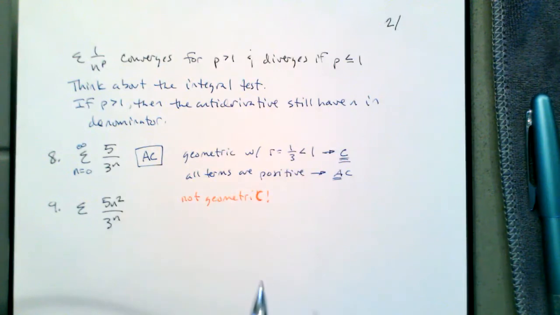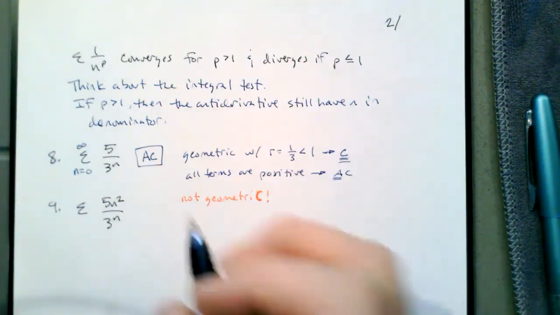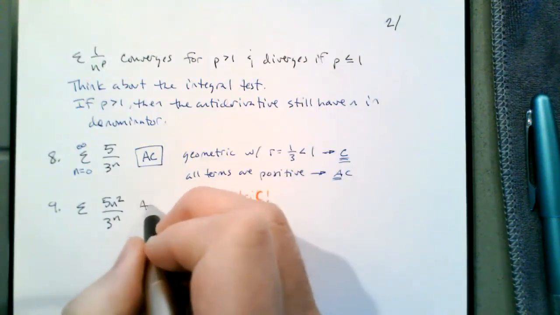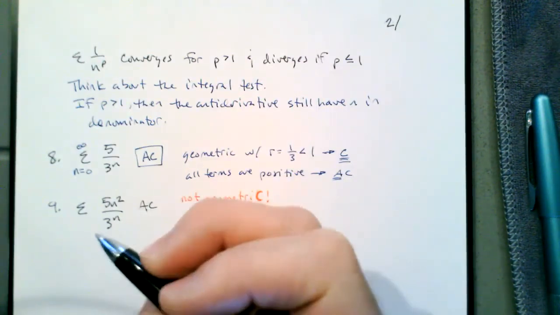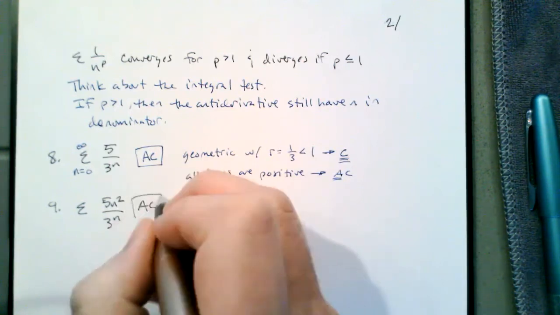So this series is not geometric, but we can compare it to a geometric series. Or since it's got this exponential part, we could use the ratio test. And the ratio test will give us absolute convergence in this case.